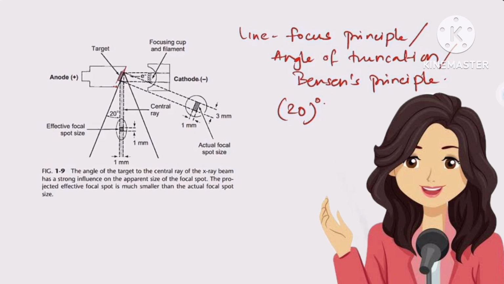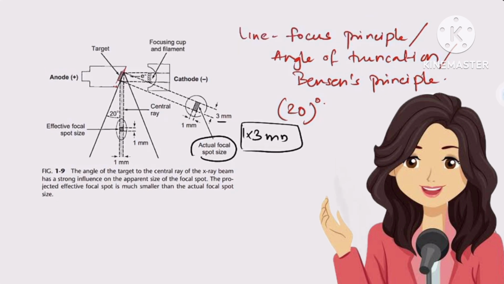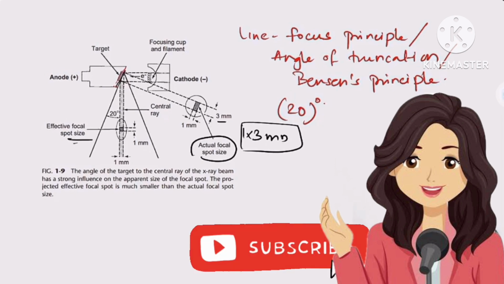The actual focal spot size is 1 into 3 mm, but when we angulate the anode, the effective focal spot size is reduced to 1 into 1 mm.